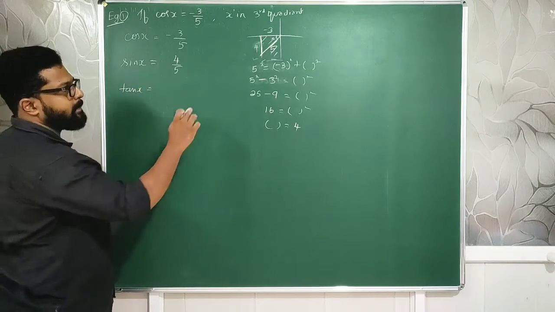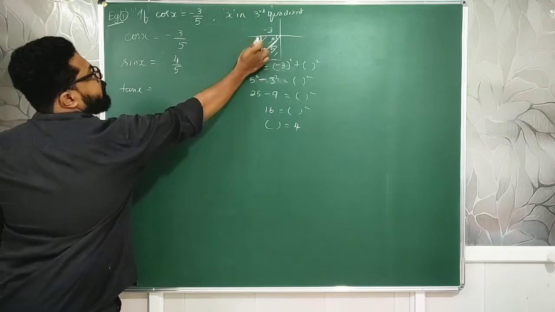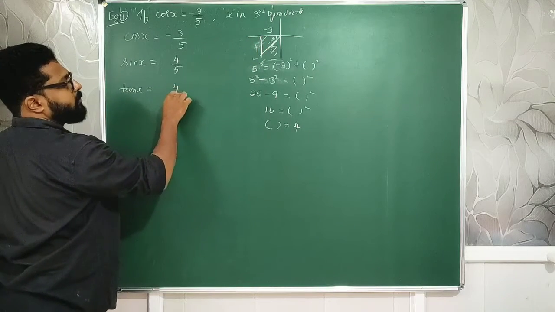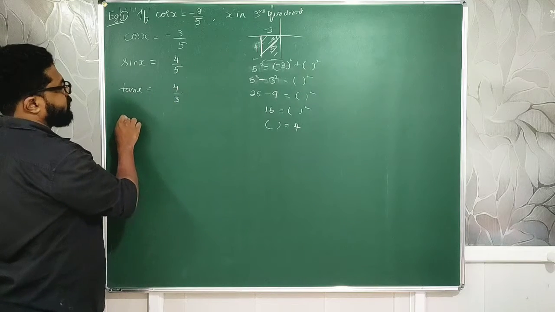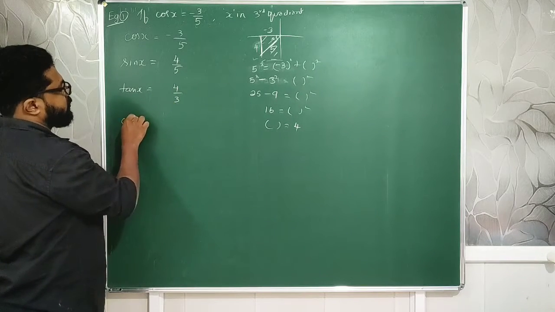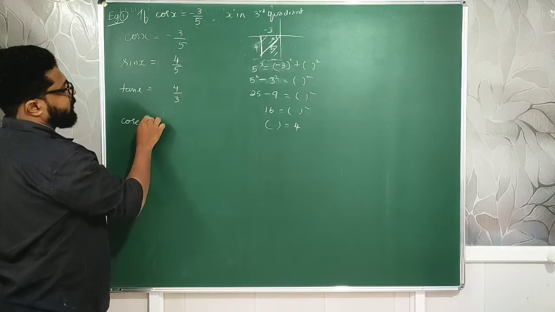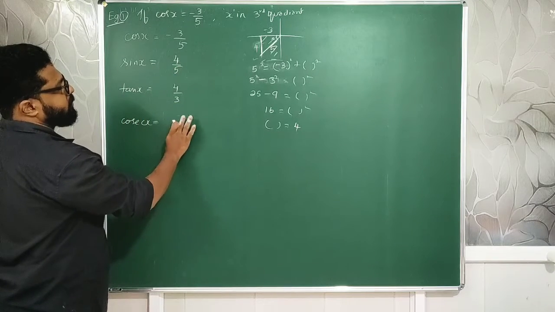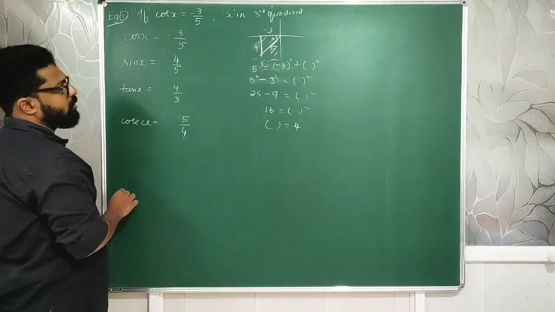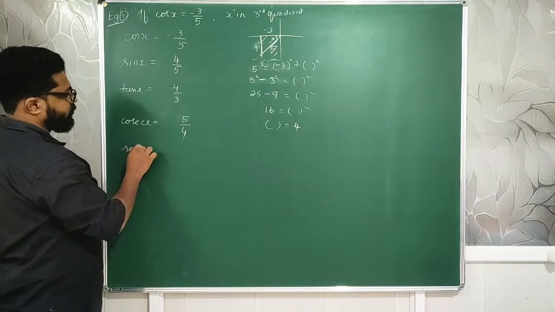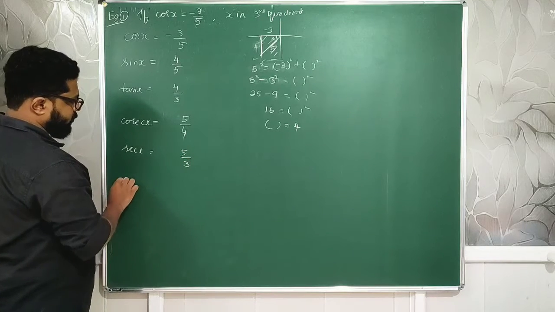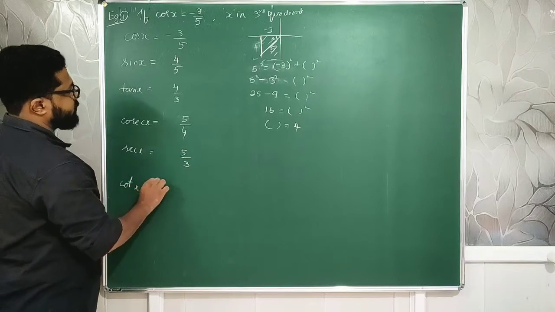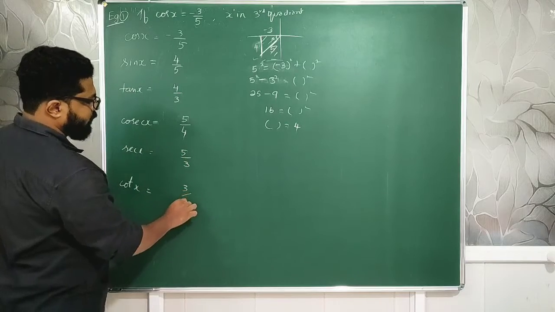Tan is 4 by 3. I'm not looking at the sign. Then cosec of x, the reciprocal of sine, is 5 by 4. Secant, the reciprocal of cos, is 5 by 3. Then cot of x is 3 by 4.